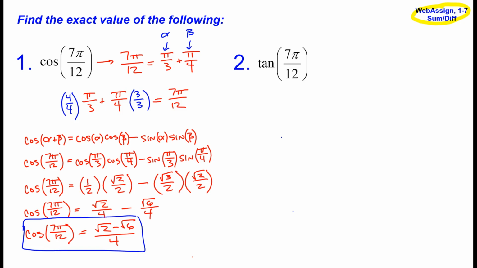Congratulations, folks. There's our first application of a sum or difference formula. We found the exact value for the cosine of 7 pi over 12. It is root 2 minus root 6, all divided by 4.